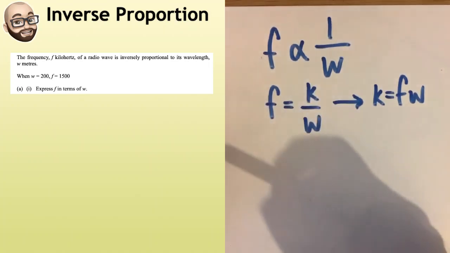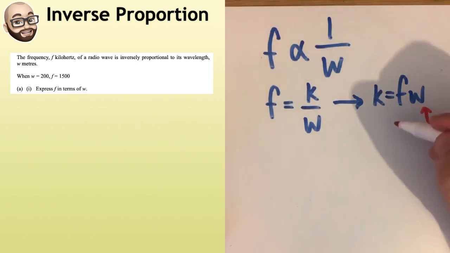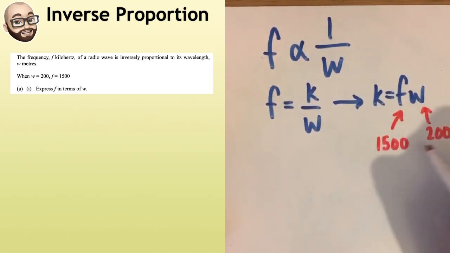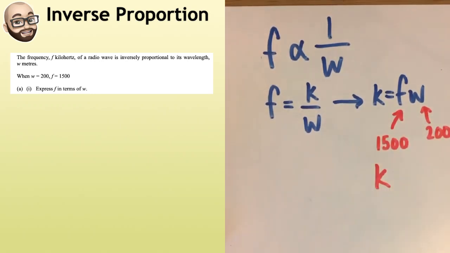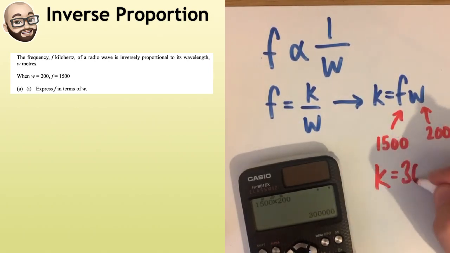We just take the w across as a multiply, and it tells us when w is 200, f is 1500. So if we multiply these two things together, it's going to be a bit of a big number. We get 300,000.